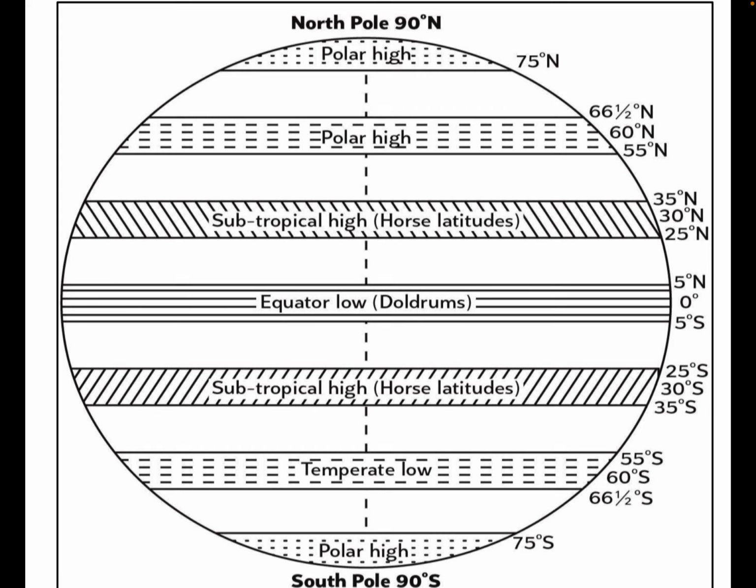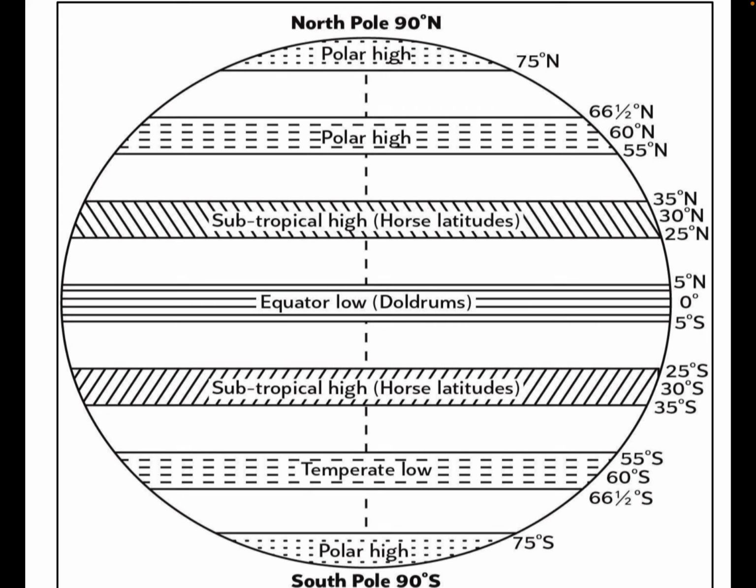The air of this area will ascend due to evaporation and spread over the earth. Due to the effect of Coriolis force and friction force, it will bend, and at the subtropical level it will descend and form the subtropical high.